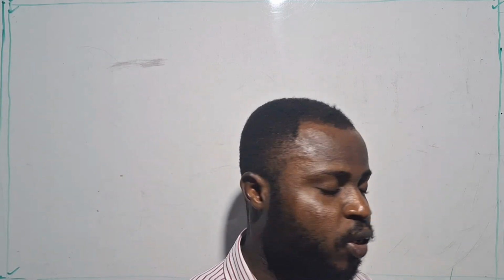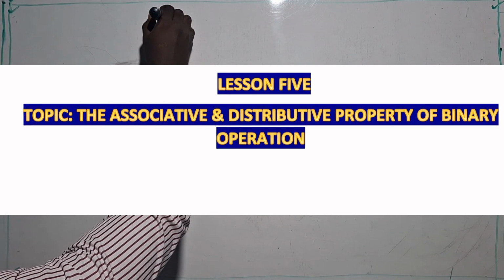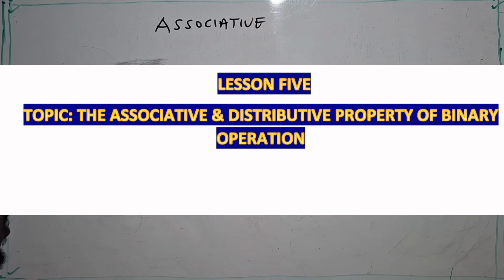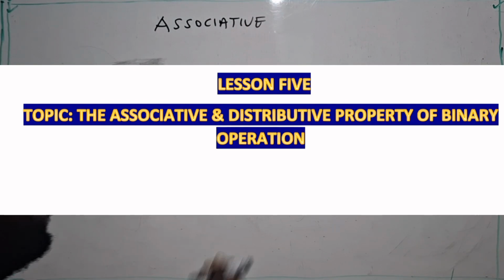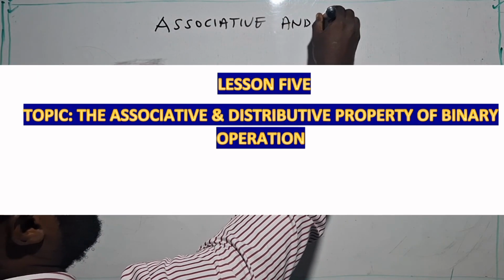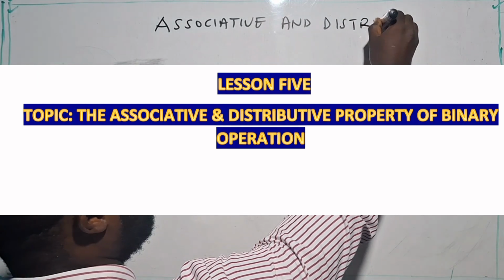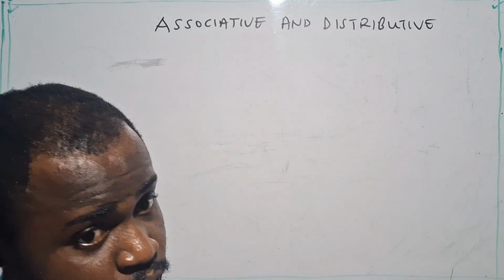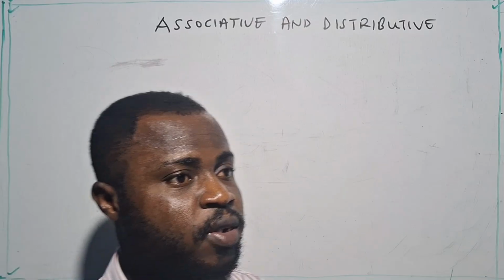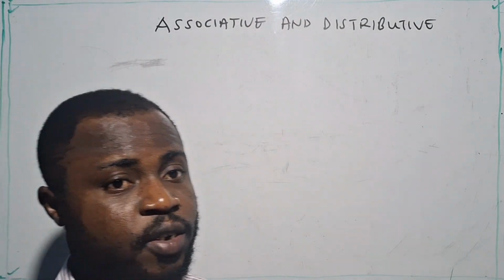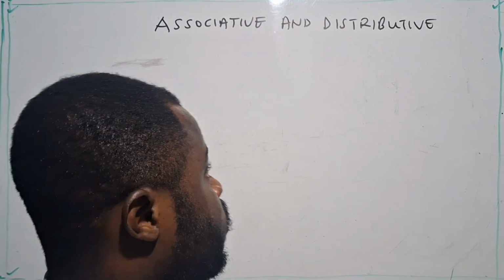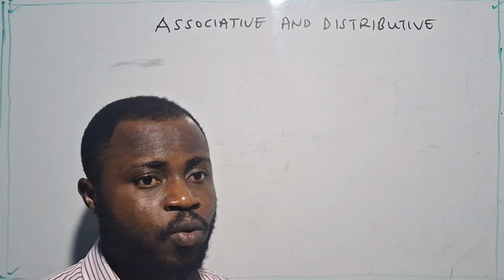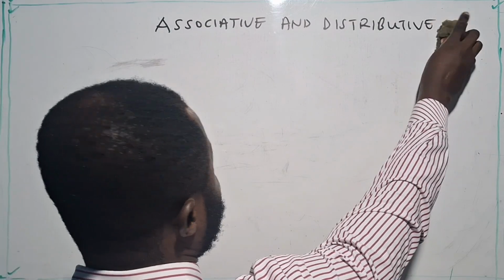Today we are going to talk about the associative and the distributive property of binary operations. But we are going to start with the associative property.